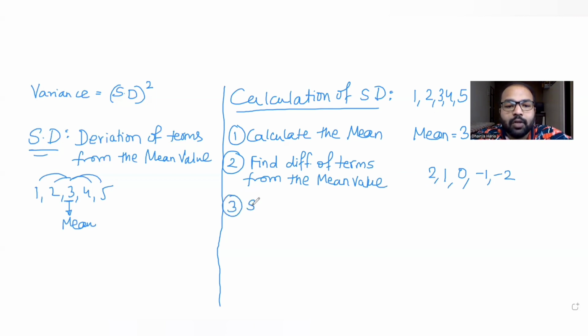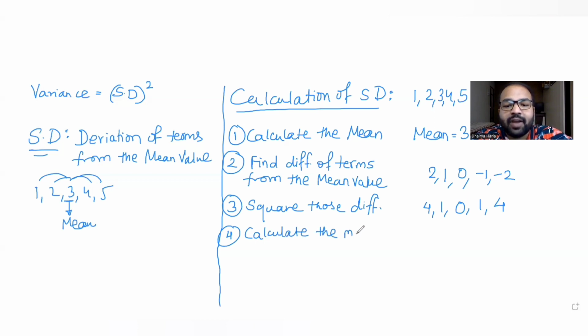Third, square those differences. So if I square these differences they become 4, 1, 0, 1, 4. After that, once you square them, calculate the mean again. So for the squares which you have calculated, again calculate the mean. 4 plus 1 is 5, plus 0, plus 1 is 6, plus 4 is 10.